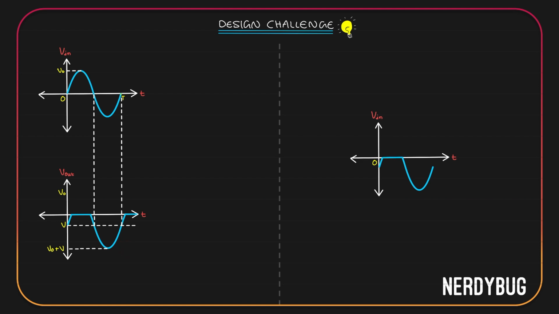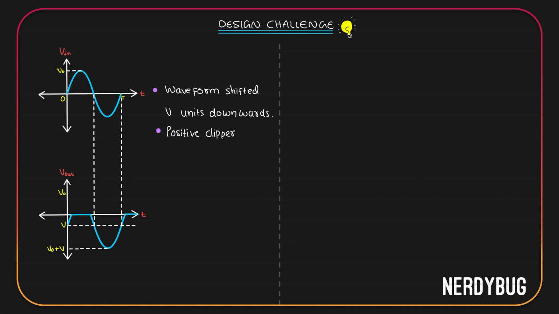So our circuit should do two things. It should shift the waveform V units downwards and remove or clip whatever is above the time axis. The waveform has to be shifted V units downwards, and since the upper part is being clipped, we call it a positive clipper.